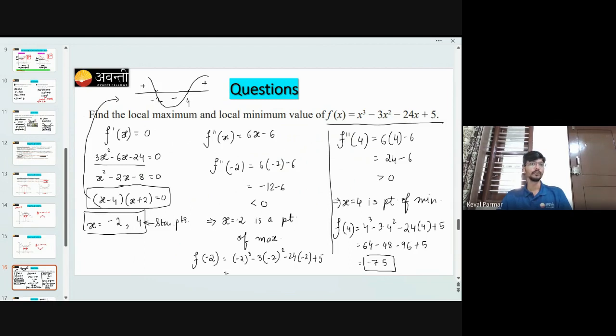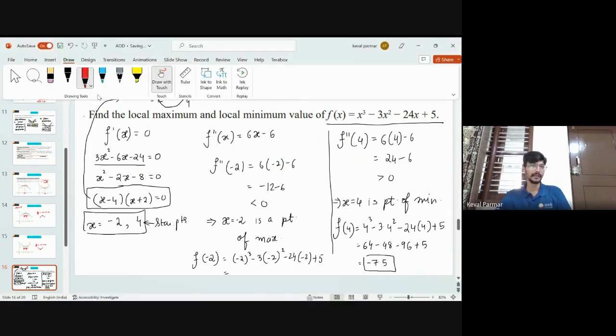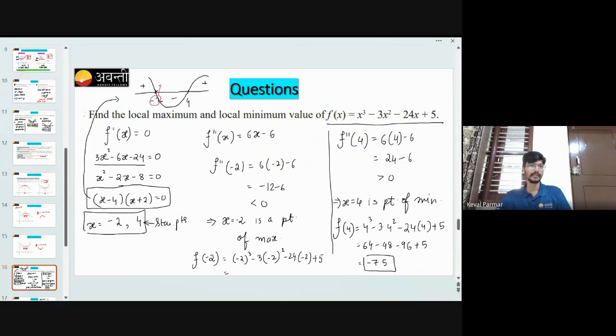So from 2, it is positive to negative. So what will come at 2? At 2 we will get maxima. And at 4, it is negative to positive. So what will come at 4? Minima. That is what we got by using the second derivative test. x equal to 2 is a point of maxima and x equal to 4 is the point of minima.